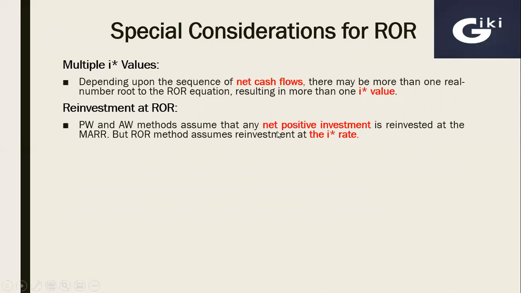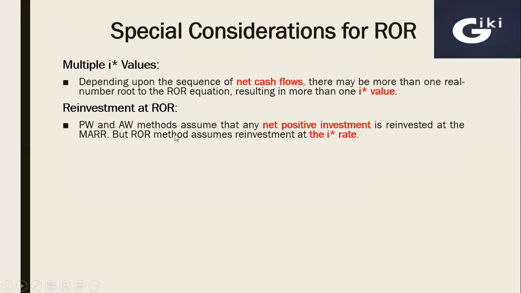Here, what does this net positive investment mean? It means if you are doing a business and in a particular year you have more income than your expenditure, the remaining amount will be invested in a project that will give you some return. In present worth or annual worth method, we consider that this reinvestment must earn a return equal to the minimum attractive rate of return.